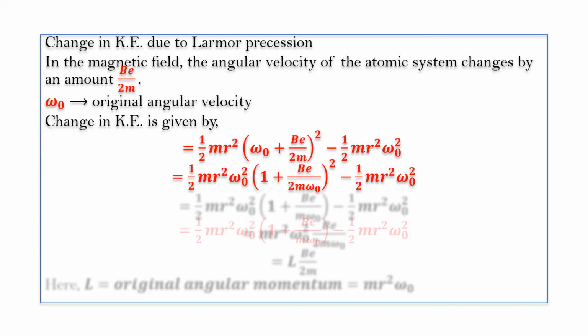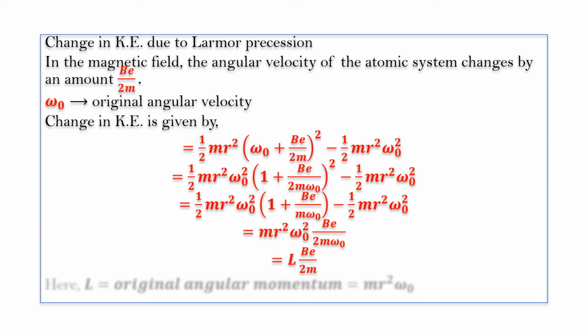On further simplification we get half m r square omega naught square into 1 plus Be divided by m omega naught, minus half m r square omega naught square. This gives m r square omega naught square times Be by 2m omega naught.